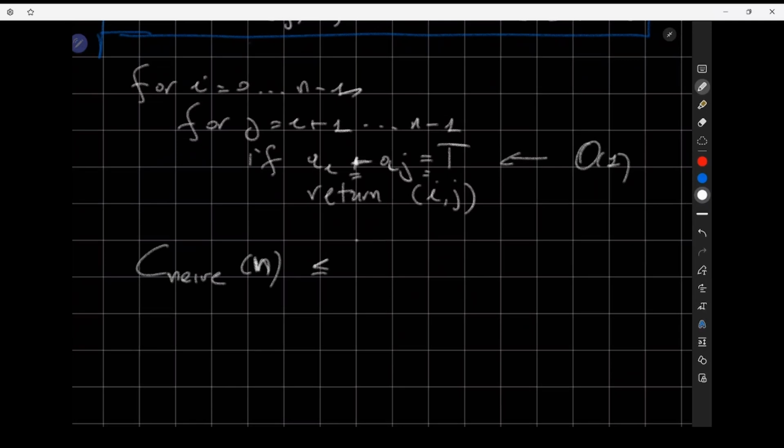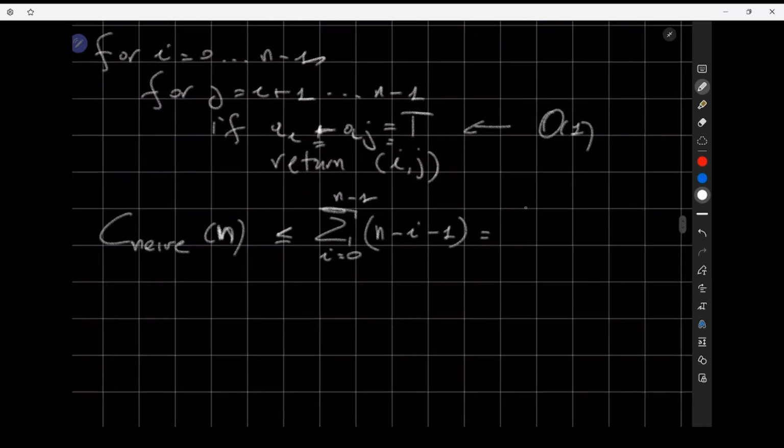is less than or equal to the sum from i equals 0 to n minus 1 of how many tests do we have here in the worst case? Well, we have to do all of them, so for every j, there are exactly n minus i minus 1. And we can see that this is going to be equal to n times n minus 1 divided by 2.